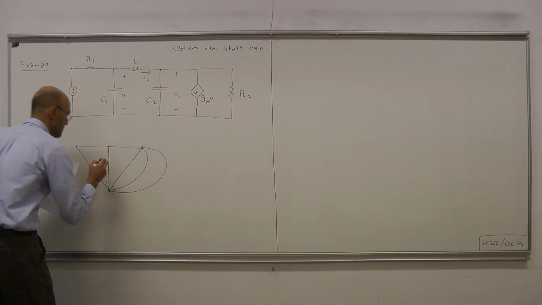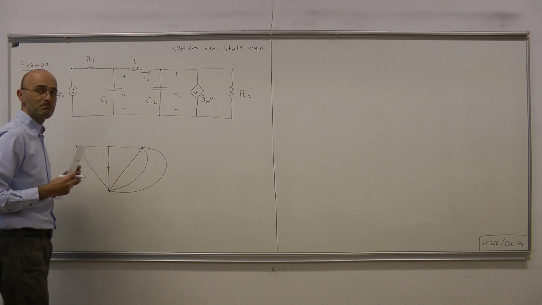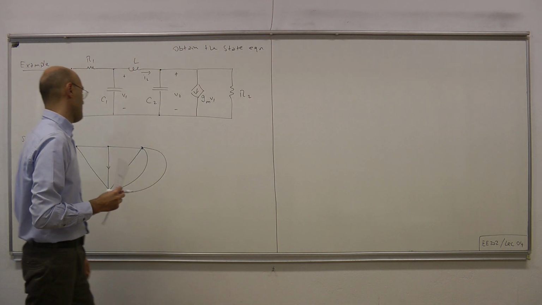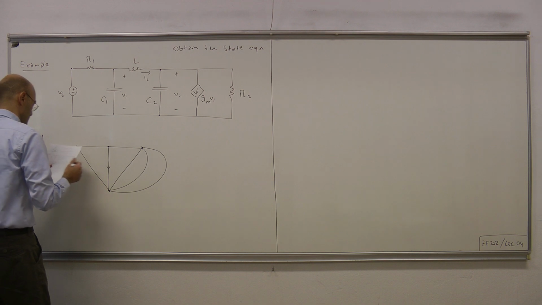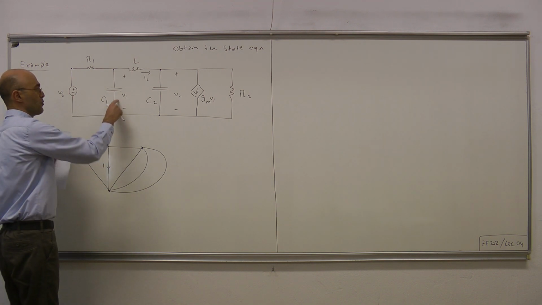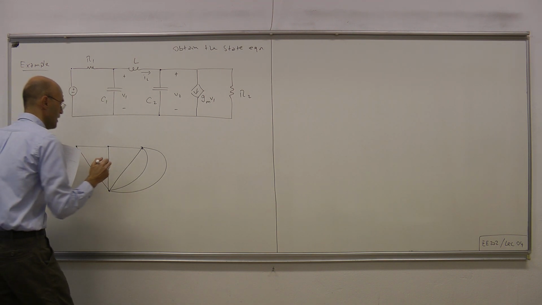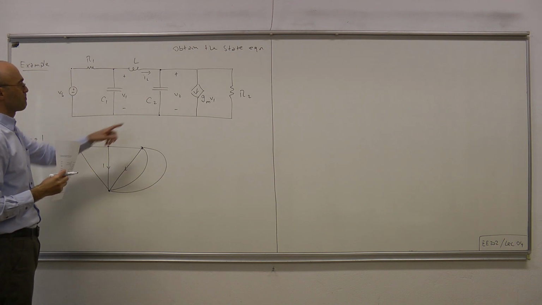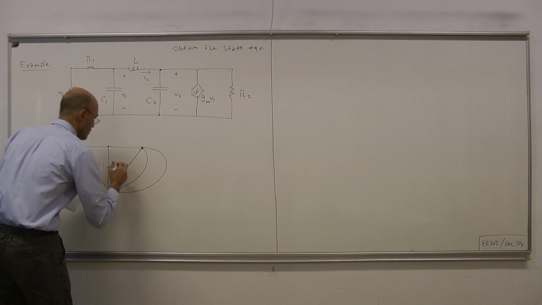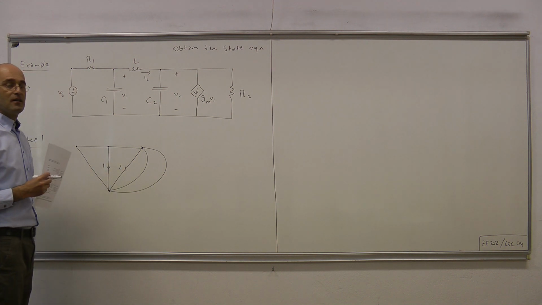So let's do labeling because we will need them when writing cutset and loop equations. Let's call this branch 1 corresponding to the first capacitor. Let's call this branch number 2 corresponding to the second capacitor.